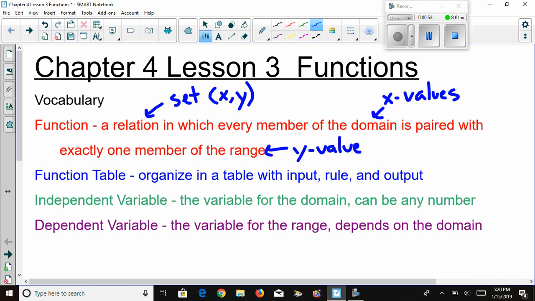What might be easier to understand is that a function is when every time I plug in an x into the equation, I get exactly one answer. So every time I plug in a number from the domain, I get exactly one number into the range.